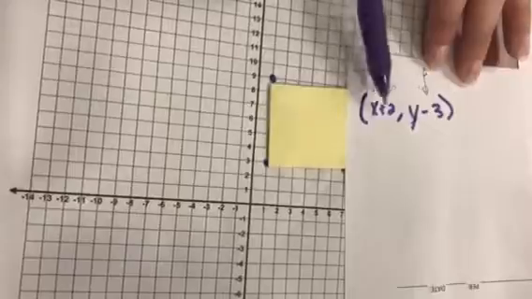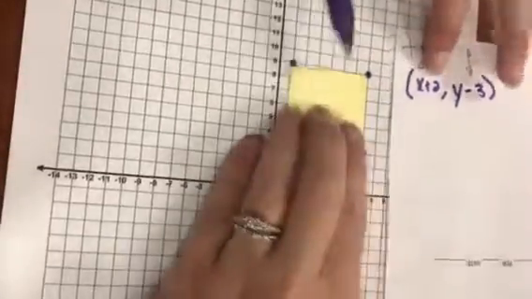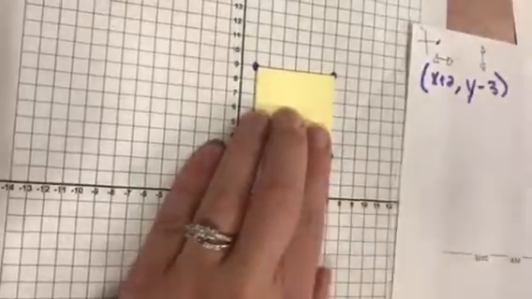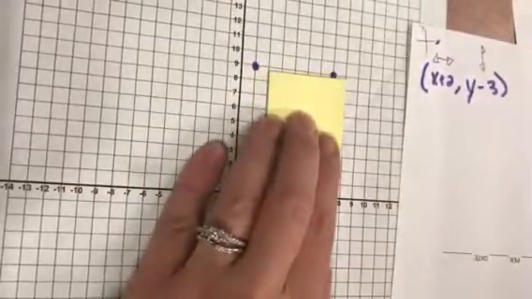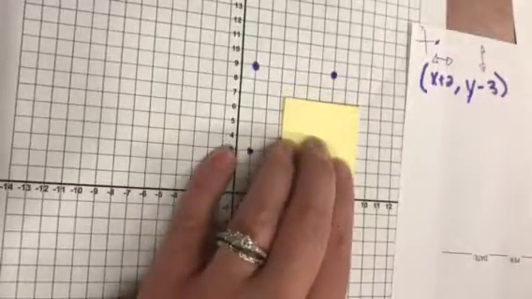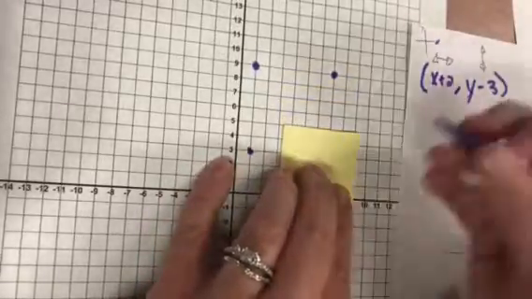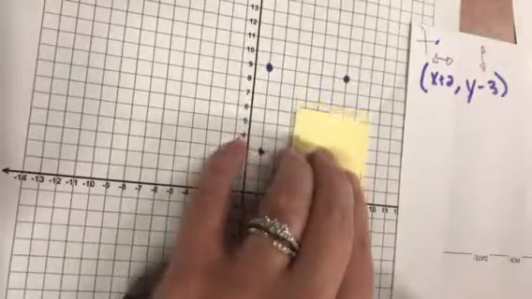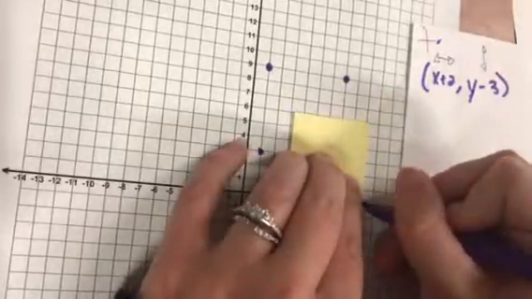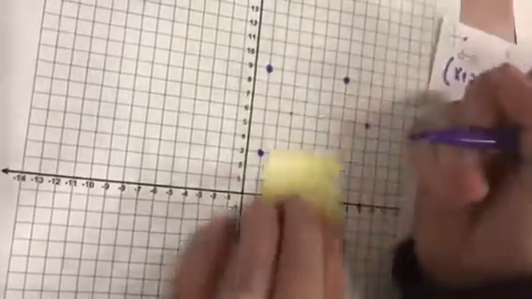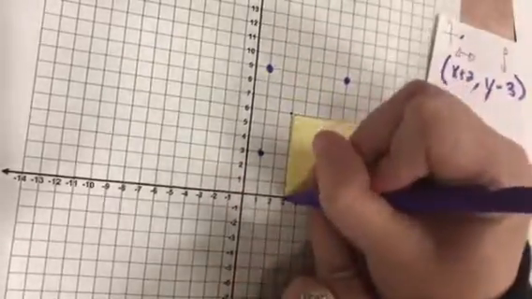So x plus 2 means I'm going to go over 2, and then down 3: 1, 2, 3. I'm going to mark these little spots in, and then I'm going to show you what that means for the whole thing.